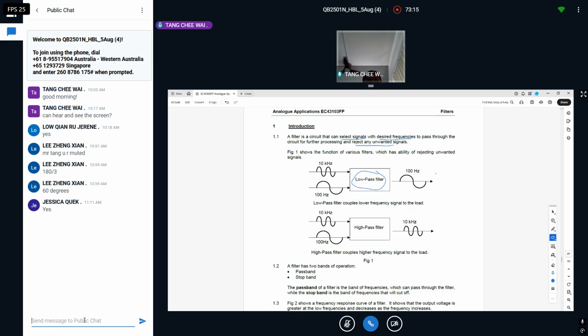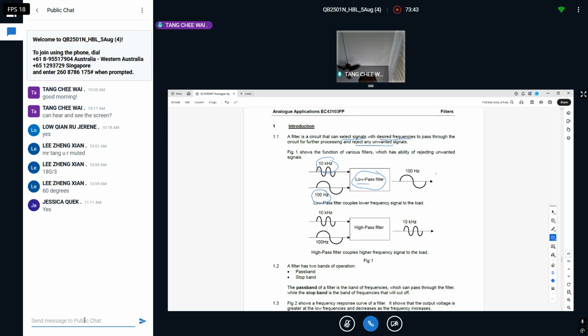Obviously, you saw one is 10 kHz, one is 100 hertz. Now, being a low pass filter here means lower frequency can pass. So the word low pass means I allow the low frequency to pass. I will stop the high frequency.